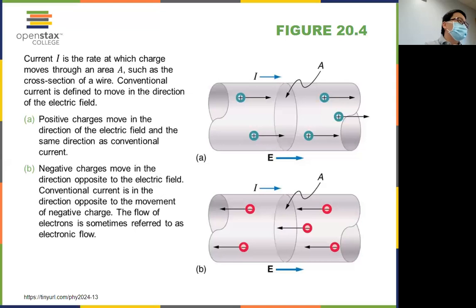So if the electrons are moving to the left, then the current is to the right. Just keep in mind that for electrons as carriers, the motion of the electrons is in the opposite direction of the current and electric field.